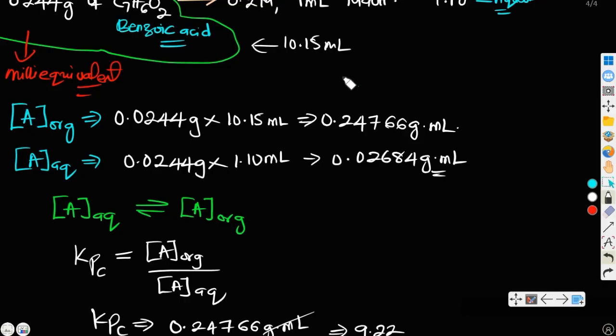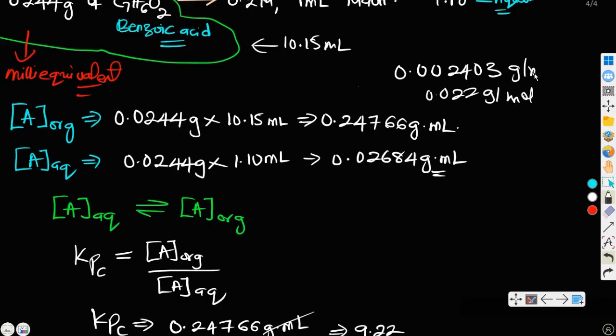Now, if I want to do that here, let me just do it once and for all, so that you see that it will not give us the correct answer. 0.0244 divided by 10.15 will give us 0.002403. And then the next one is 0.0244 divided by 1.10. This one will give us 0.022. Right? You say gram per mole. And this is gram per mole.